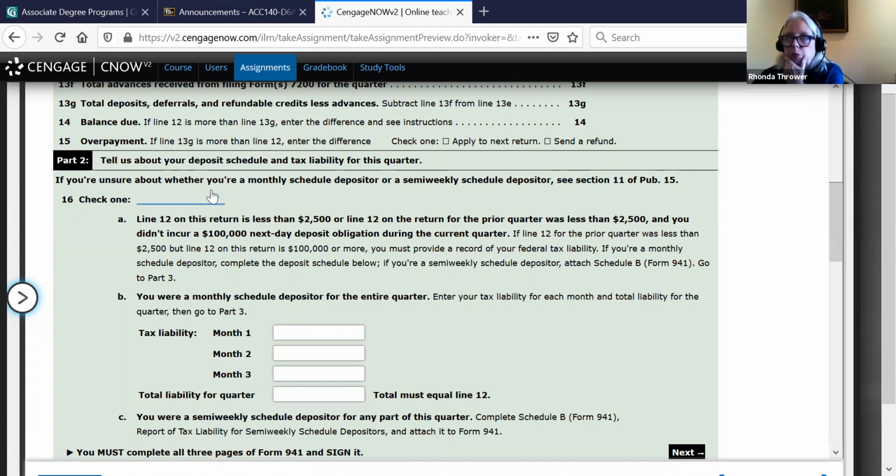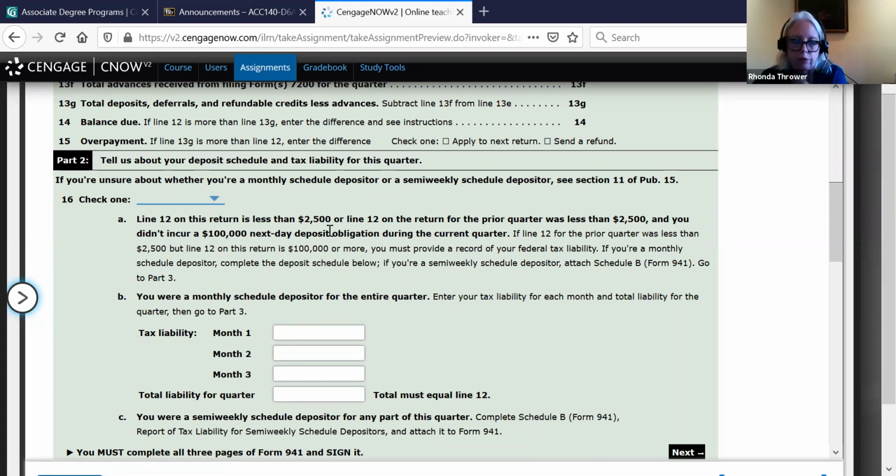If you're unsure about whether you're a monthly scheduled depositor or semi-weekly scheduled depositor, see section 11 of Publication 15. And they want you to check one of these, either A, B, or C. In A, it says line 12 on this return is less than $2,500. Well, it's not.